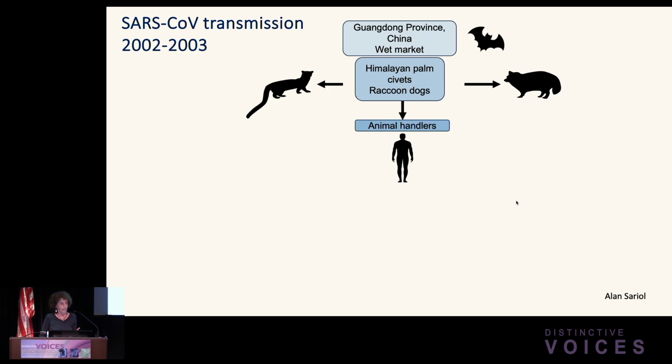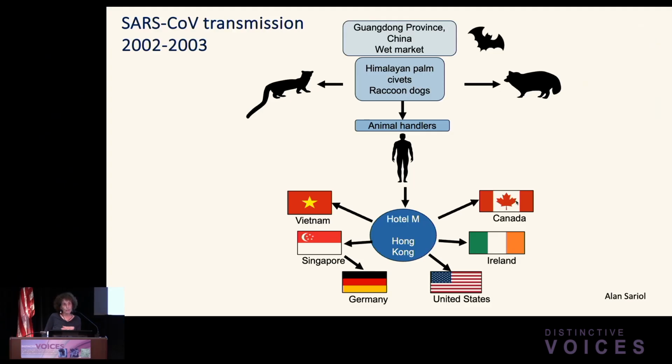It says animal handler, it may not have been an animal handler, but somebody was infected, and that person, somebody who was infected early on in China, went to a hotel in Hong Kong called Hotel M. This is a story that's spoken about a lot. And in Hotel M, this person infected a whole lot of other people on the same floor, and they went to all different places and seeded little infections.